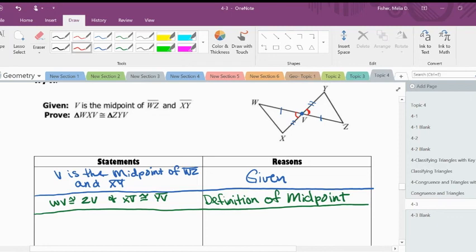And I'm going to say that angle ZVY is congruent to angle WVX, and my reason is that those are vertical angles.